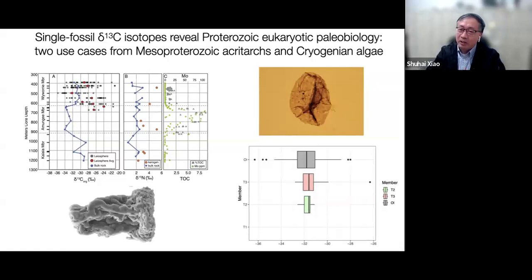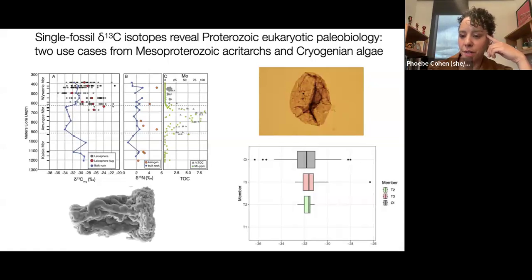Is it unique to red algae, or is it also consistent with other algal interpretations? But my comment here is if you look at your Australian specimen, the acritarchs are also very light, right? So it's lighter in some cases. So if the isotope is uniquely red algal, minus 30, 32 or lower, then you would take this argument and say all these acritarchs from Australia are also red algal, right?